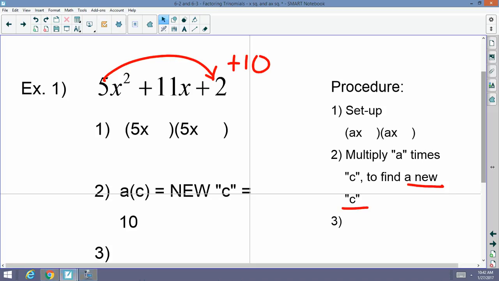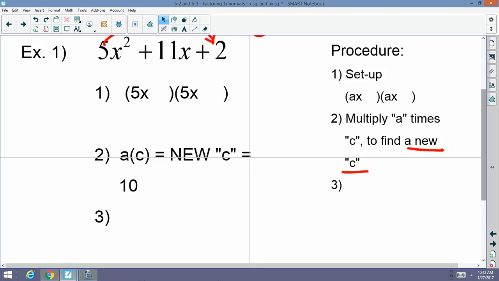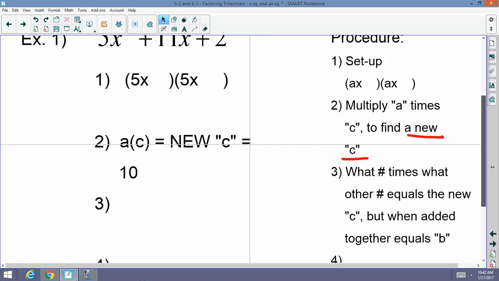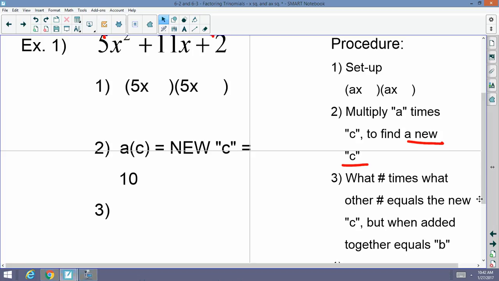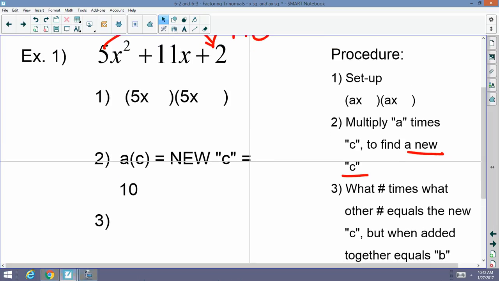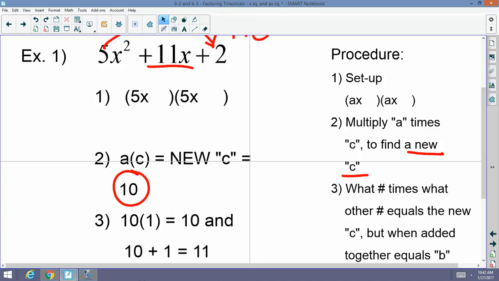Now that I have a new C, guys, it's literally the same thing that we just finished learning. What times what is the new C, but when added together equals B. So guys, what times what is my new C of 10, but when added together is 11? 10 and 1, very good.